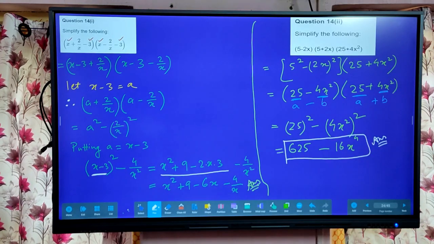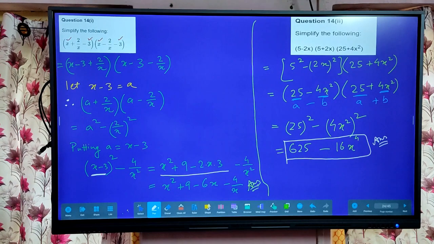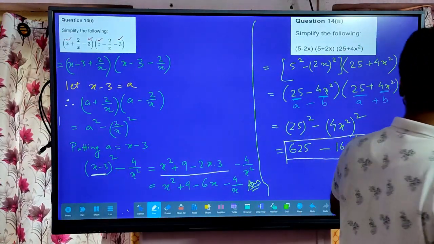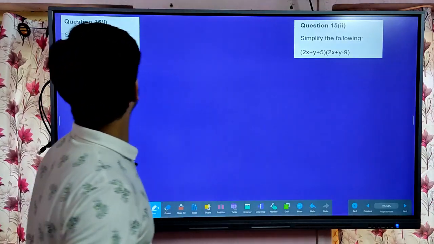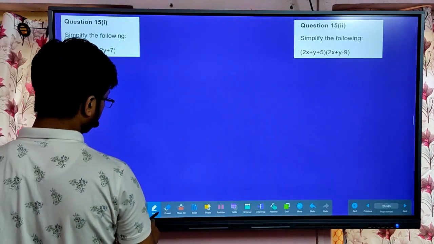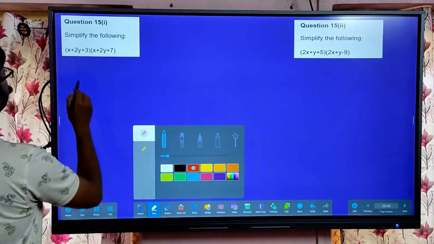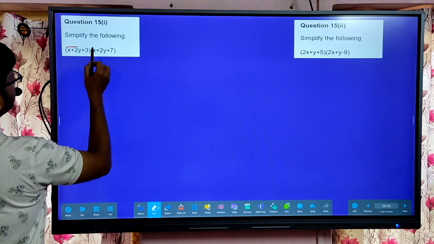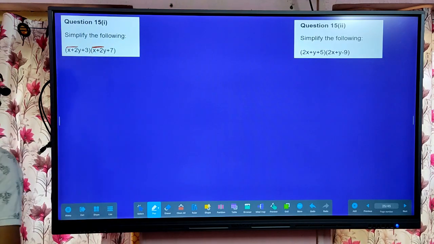So let's move on to the next question. See, in this question, here also you are having a common term, that is x plus 2y, in both the cases.